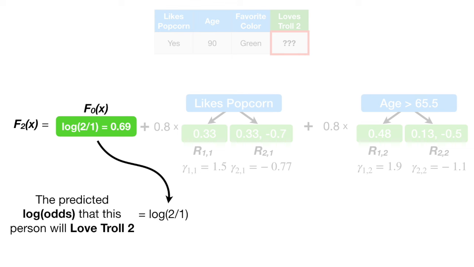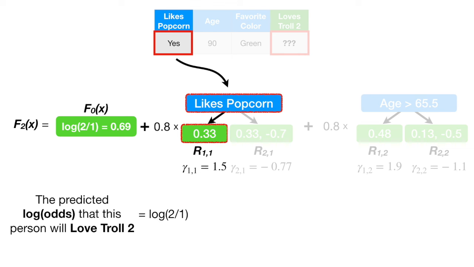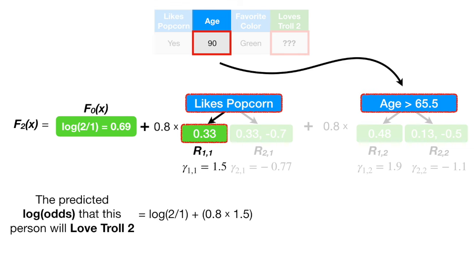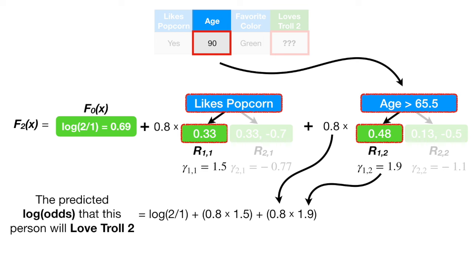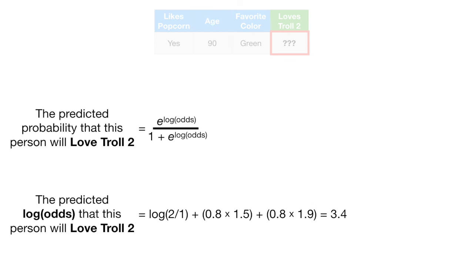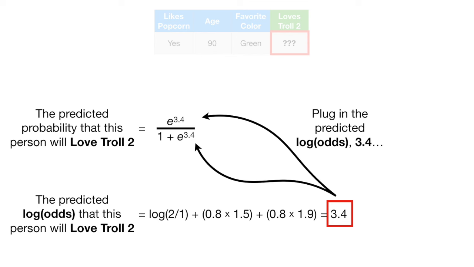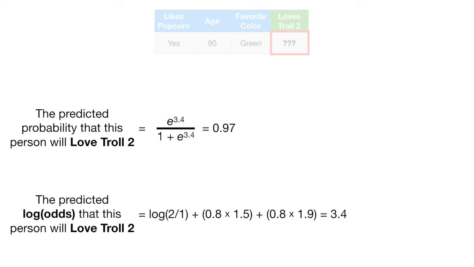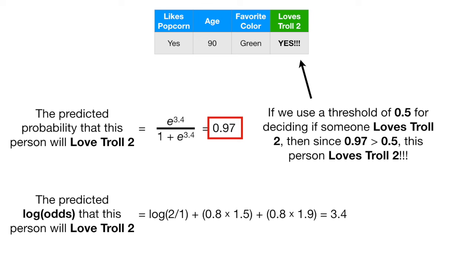The predicted log odds that this person will love Troll 2 equals 3.4. The predicted probability that this person will love Troll 2 equals 0.97. If we use a threshold of 0.5 for deciding if someone loves Troll 2, then since 0.97 is greater than 0.5, this person loves Troll 2.